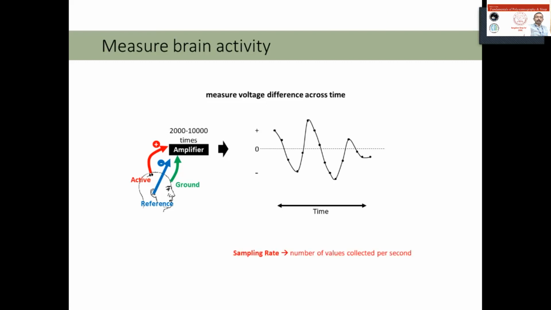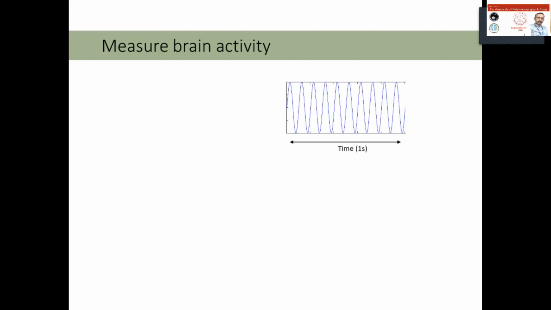And then the rate at which we measure this voltage per second is usually called sampling rate. Usually the higher the sampling rate, the better, meaning the faster activities in the brain can be captured well. And now once we measure, one of the features that we identify from the waveform that we measure is called frequency.